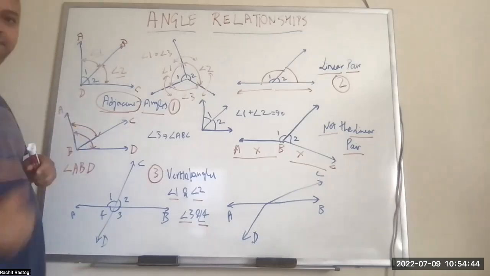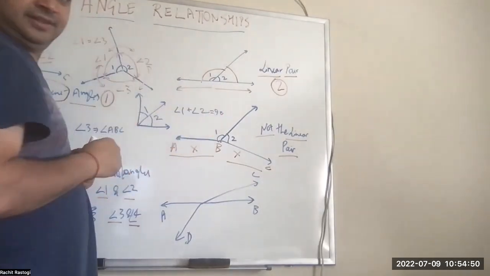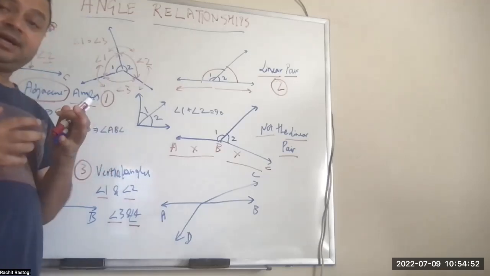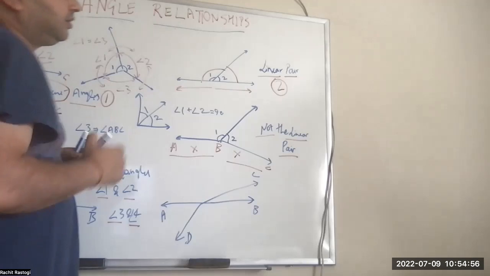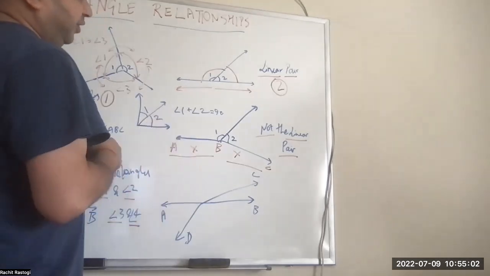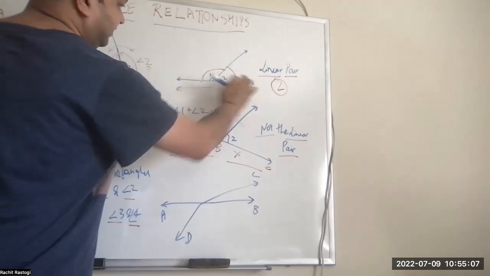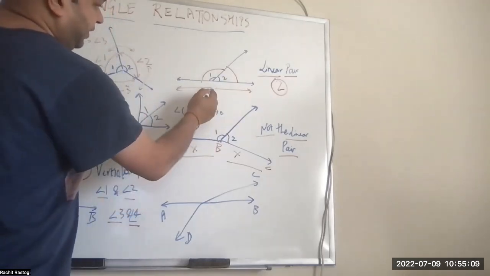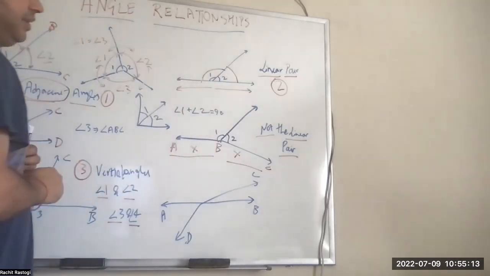Now the other concept that we have is this one. We've been through the concept of adjacent angles. Another concept is called a linear pair. What do I mean by linear pair? If you remember, earlier we spoke about opposite rays. This line is going in that direction, and exactly opposite, this line is going.